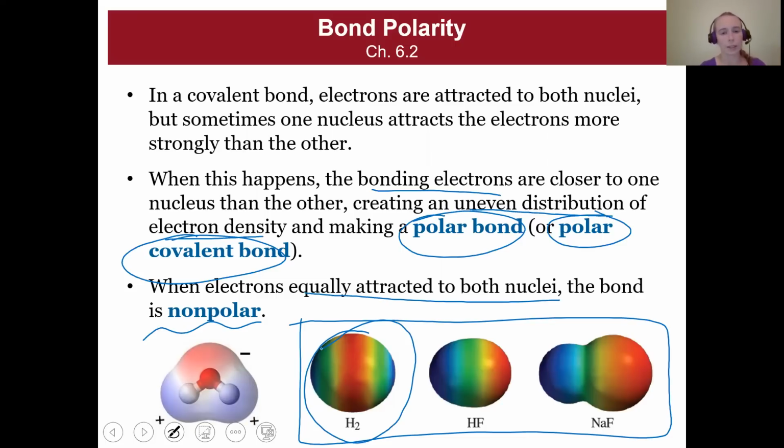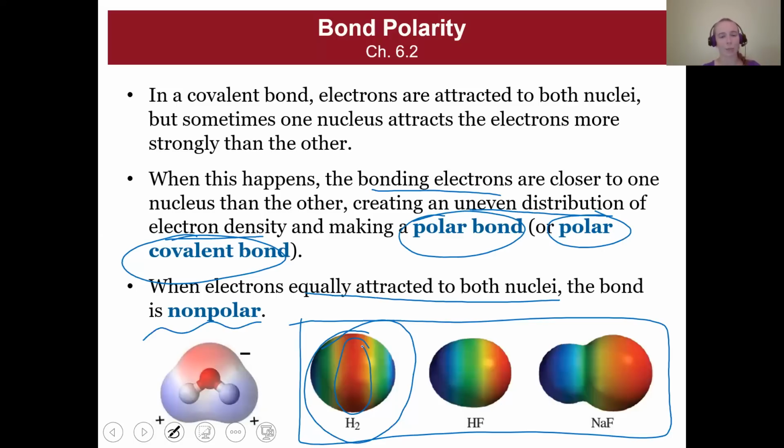And we can see the electron density is where we have the red color. Blue is the low electron density, red is the high electron density. And we can see that for H2, the electron density is uniformly in between the two hydrogen atoms. So the electrons are shared equally between the two. They spend the same amount of time close to each nucleus.